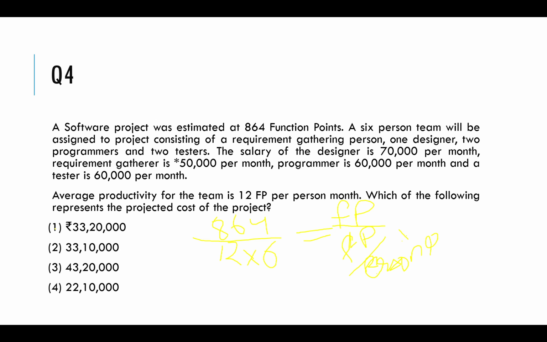It depends on five parameters: input, output, inquiry, internal files, and interface files. We calculate unadjusted function points and multiply by the CAF to get the total number of function points. The CAF depends on 14 factors that describe system complexity, and function points are language independent and hence used in cost, effort, and productivity estimation.